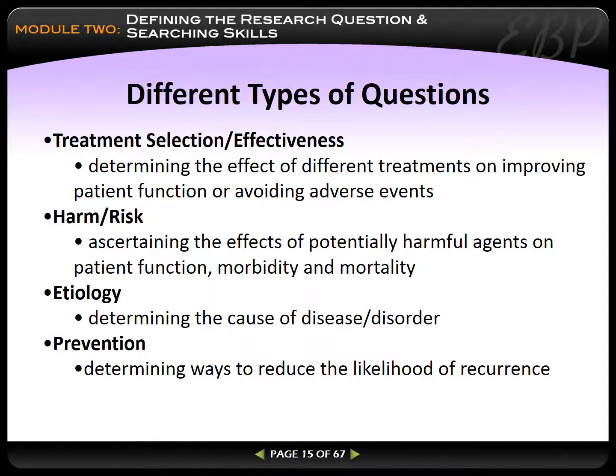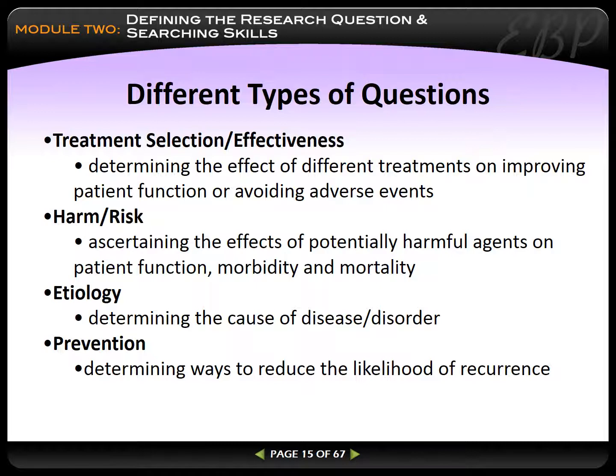I will say that in terms of causation, which is etiology, and prevention, they are very difficult studies to do. It's because there can be a correlation between two things. For example, diabetes and obesity, there's a strong correlation. But does obesity cause diabetes? That's more difficult to prove.